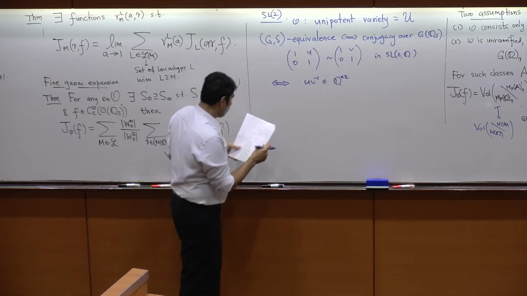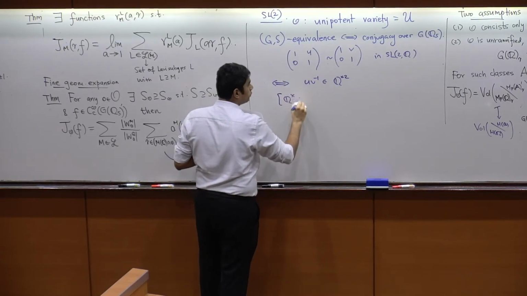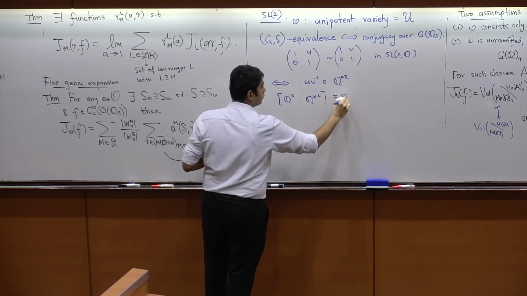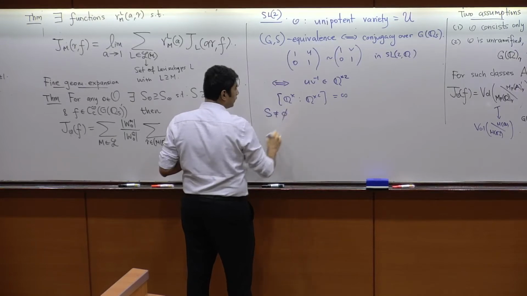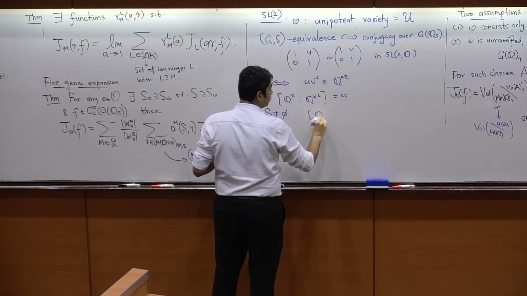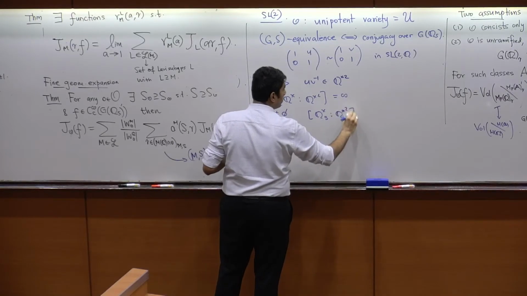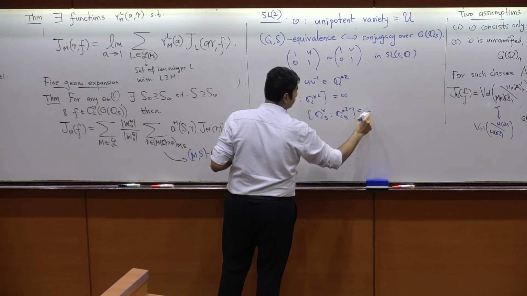Although note that if you take the index of Q star squares inside Q star, this is infinity. But even if S is non-empty, if you have a single place also, then Q star squares in Q_S star has finite index in Q star.